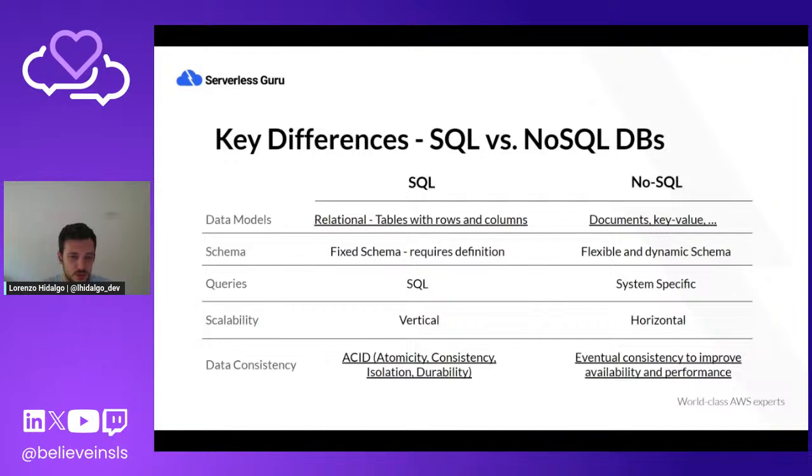You need to tell each row will have these columns with these names, these attributes, these are mandatory and these are optional. With NoSQL and DynamoDB, for example, there is nothing like that.